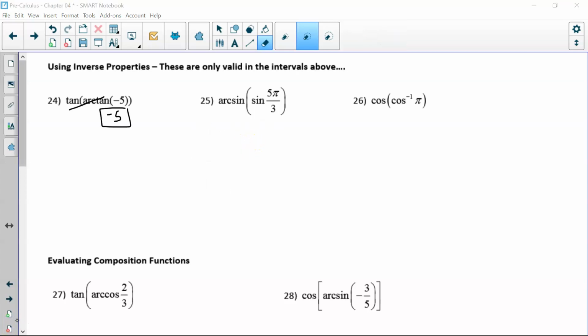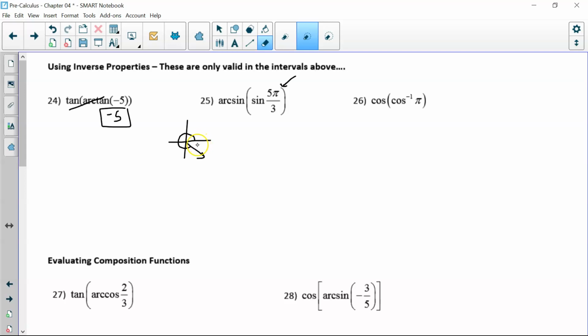For number 25, the arc sine of the sine of 5π/3. Now they're going to cancel each other out, but if we think about it, 5π/3 is outside of our range. We want to look only between -π/2 and +π/2 for sine. If we were to graph 5π/3, it's all the way over here in quadrant 4.